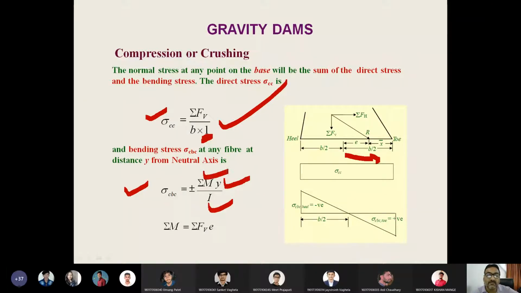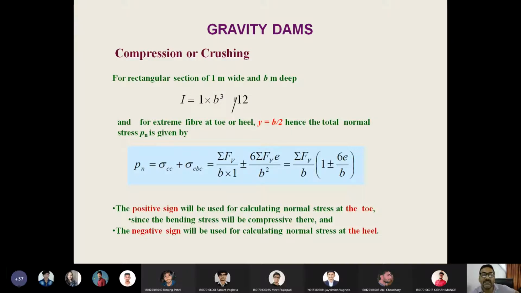And sigma M here represents this FV into E. This is introducing the eccentricity, basically introducing the moment, and we multiply by the Y and put the value of I here. I is B cube by 12, the moment of inertia for a rectangular section having 1 meter width and B depth. Then this can be the equation used.